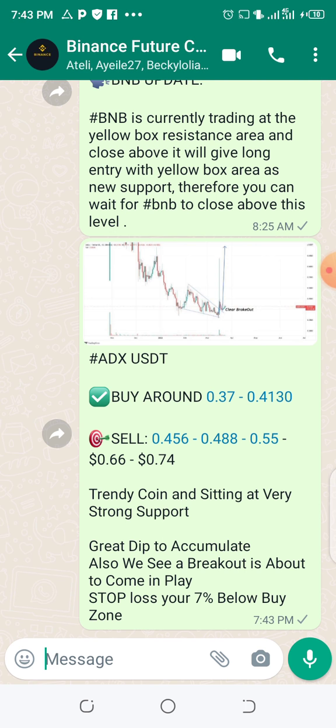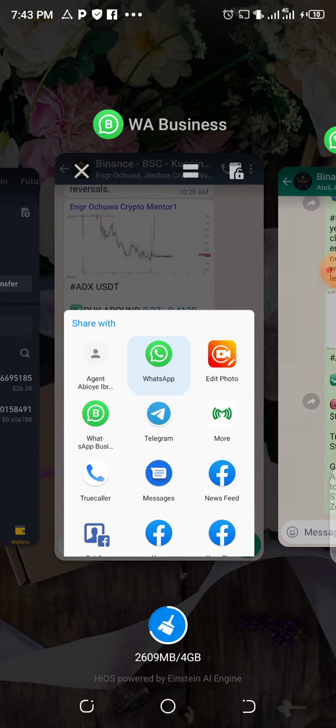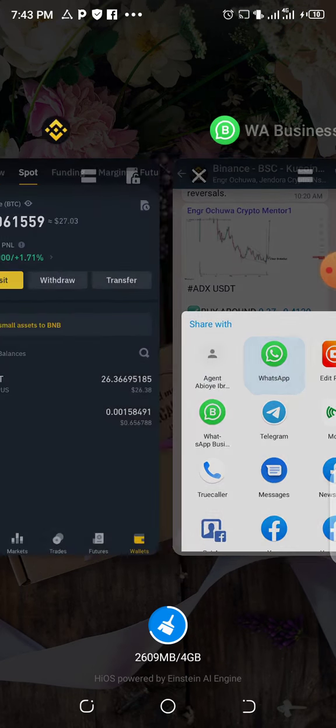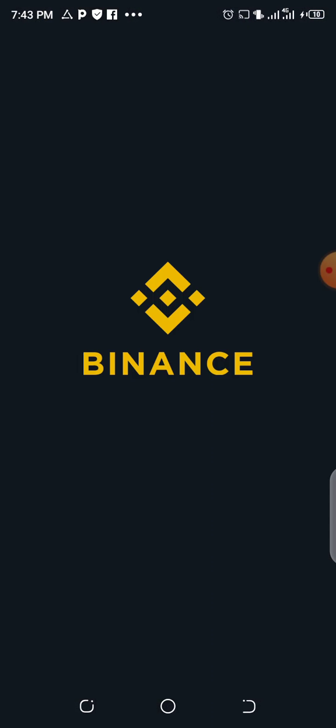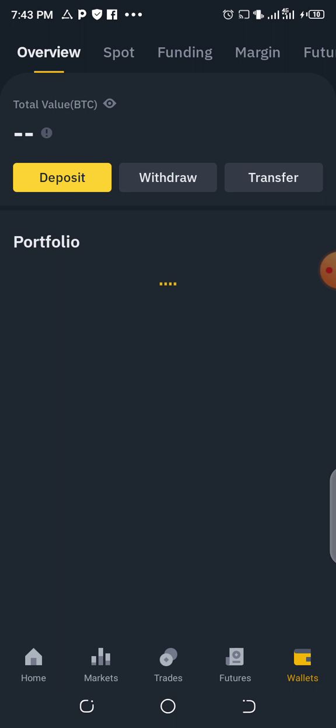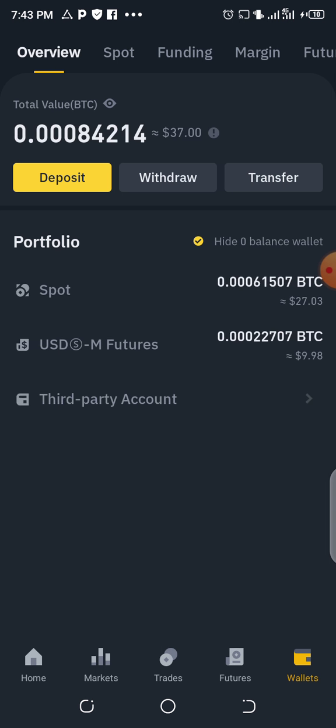So this is a spot signal that came. So we are going to our Binance wallet. But this signal was dropped since in the morning. It's not a current signal, but we'll still see how the trade is going.